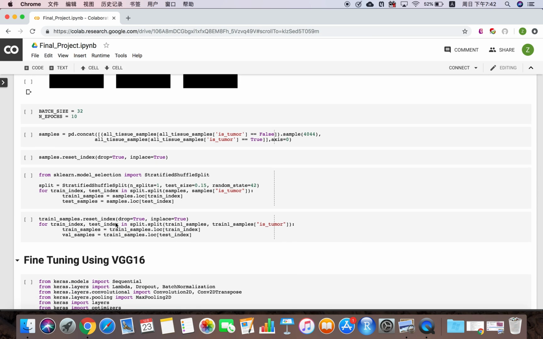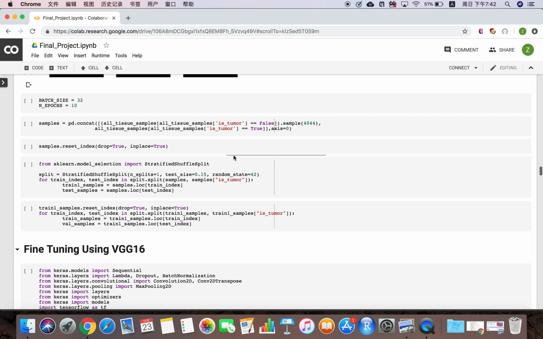So I sample 4,044 patches from non-tumor patches and include all 956 tumor patches. When dividing training data, validation data, and test data, I used stratified shuffle split to ensure each set has the same proportion of tumor patches.